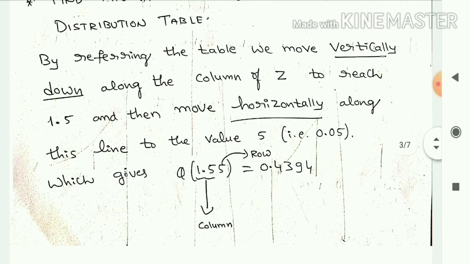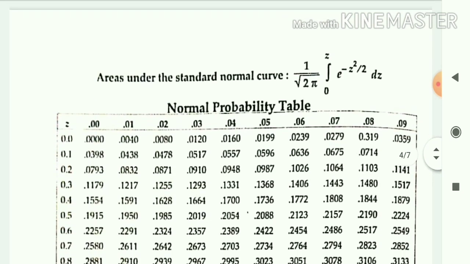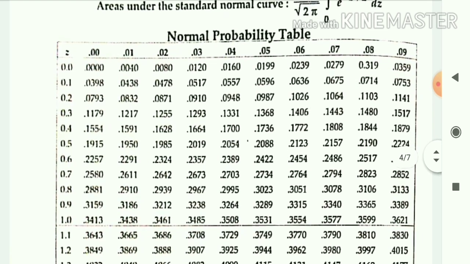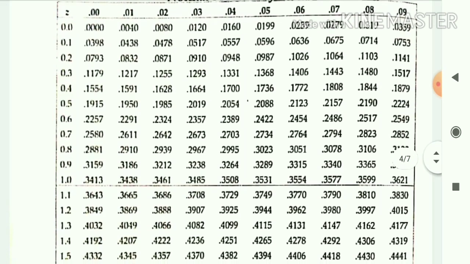First I will show the table. Okay, let us go to the table. Yes, so this is the table. In all the problems we are using this particular table only. Now I want the value of 1.55. You see the first column, what does the first column say? Z. Okay, 1.55. You take the first two values, that is 1.5. Where will we get 1.5? You have to go down. Remember, always first you have to go down.